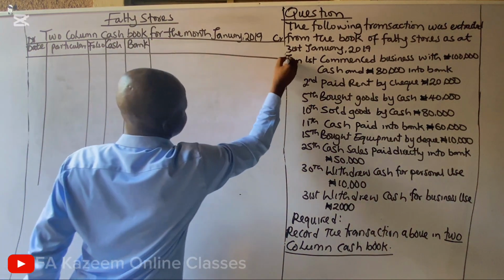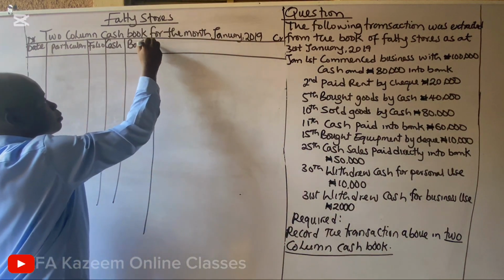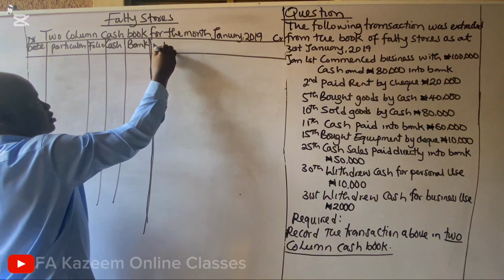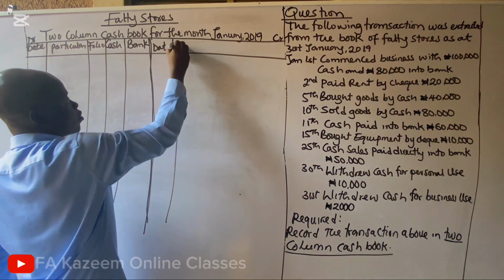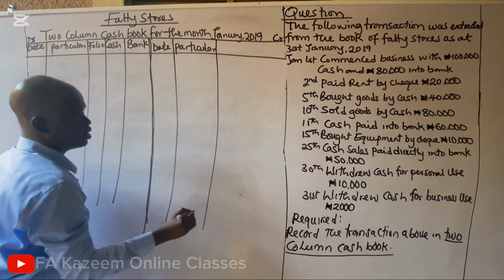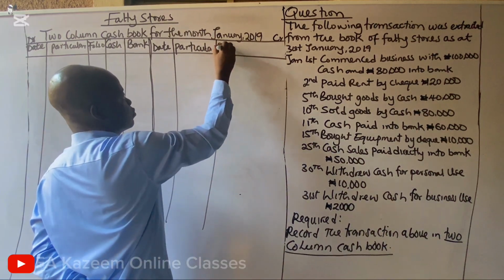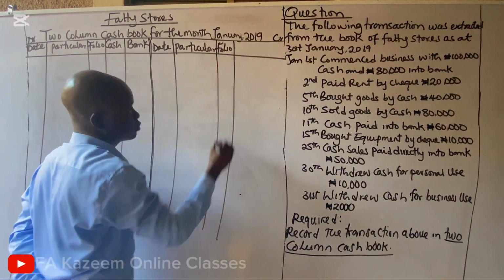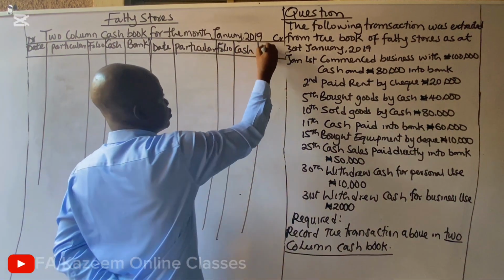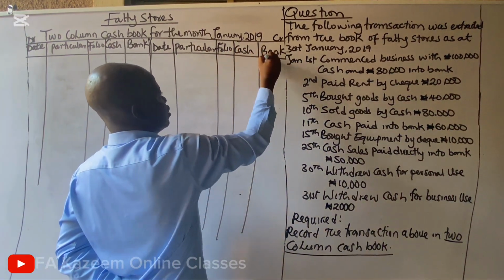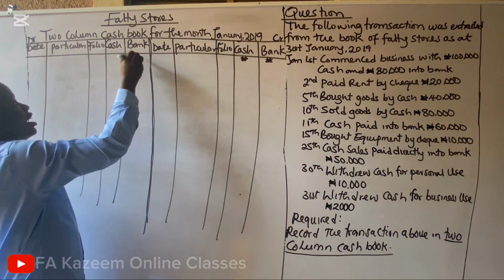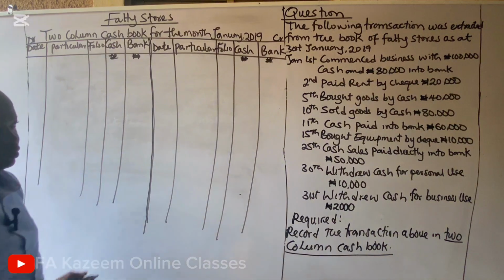On the debit side, we also do the same for the credit side: date, particulars, folio, cash, and bank. Don't forget to put the currency of your country, the naira sign, on both.